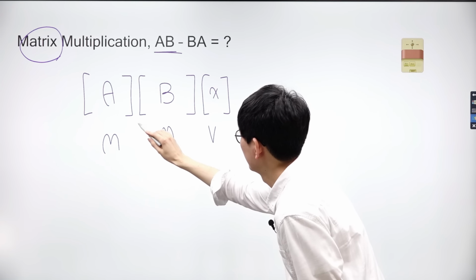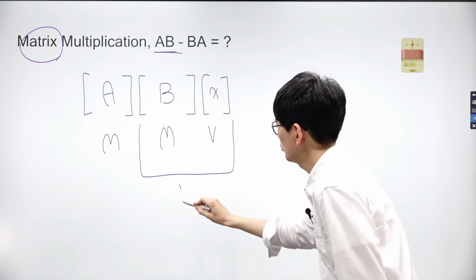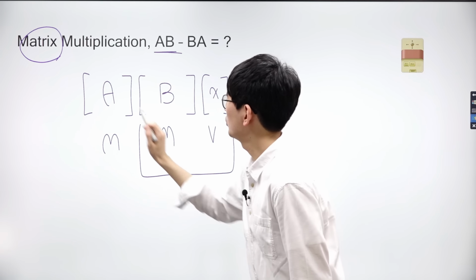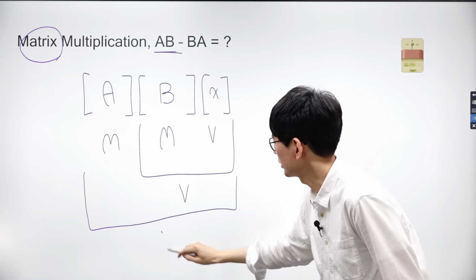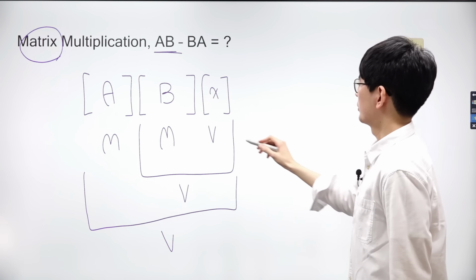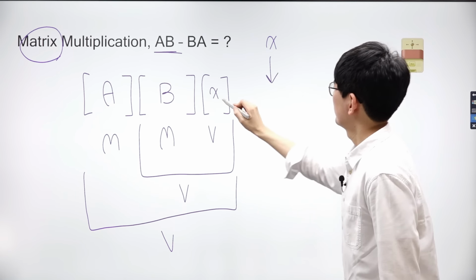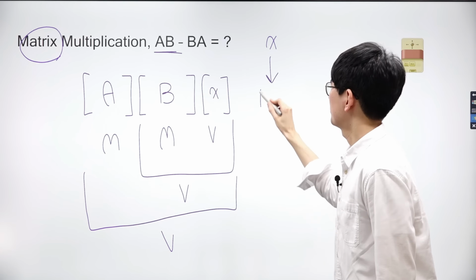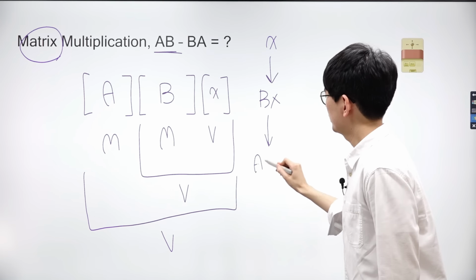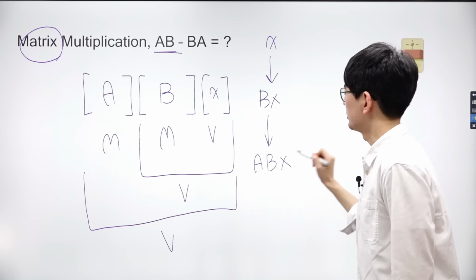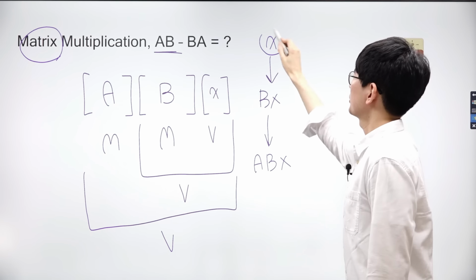We'll begin by multiplying matrix B by vector x, resulting in a new vector. Then, we'll multiply matrix A by the product of matrix B and vector x, ultimately yielding another vector. To summarize, we initially had vector x, which we then multiplied by matrix B. Next, we multiplied matrix A by the product of matrix B and vector x.